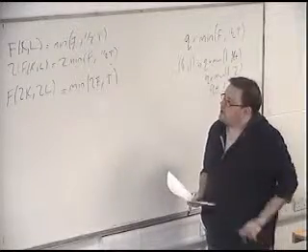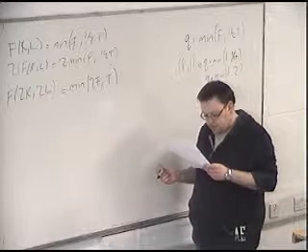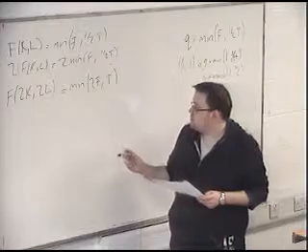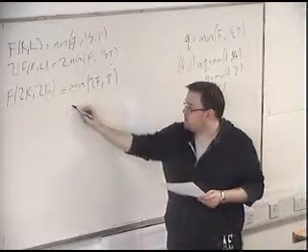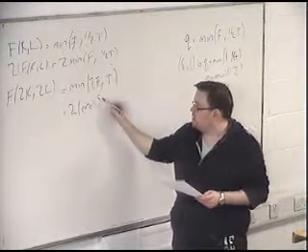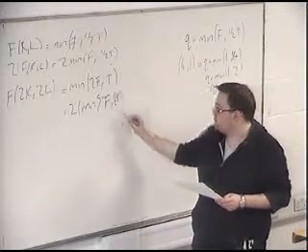So are these the same thing? Well, they are. You can just take the 2 out of this, and you go back to having twice the min of F and a half T.